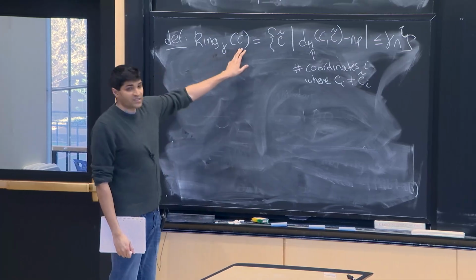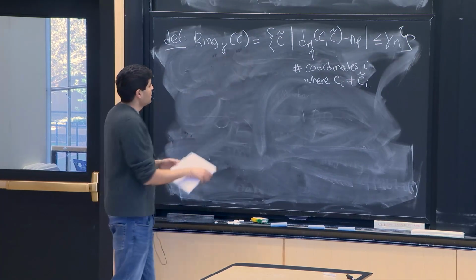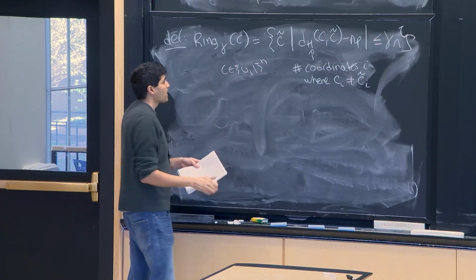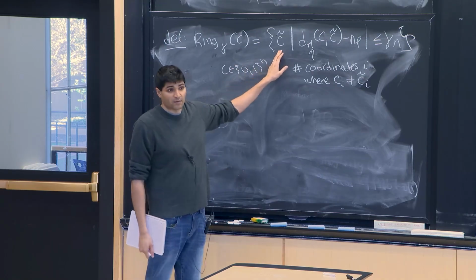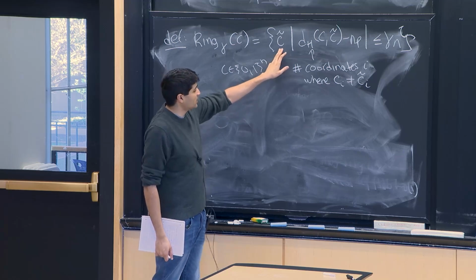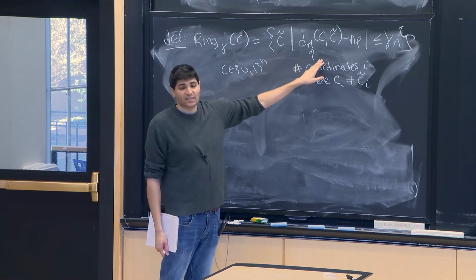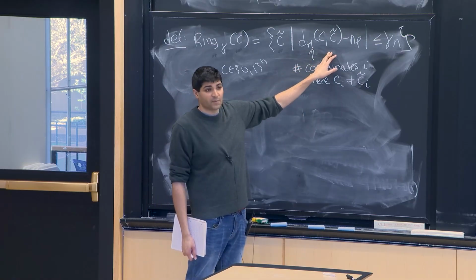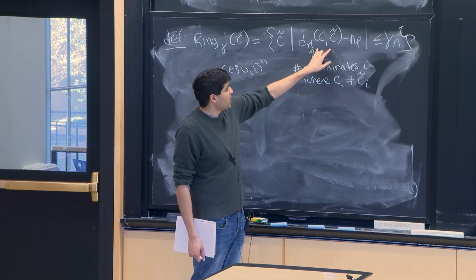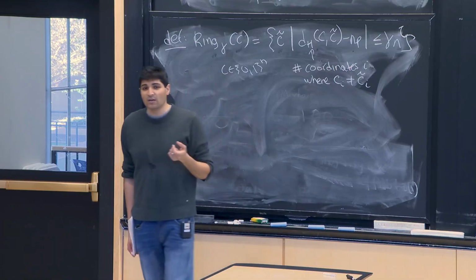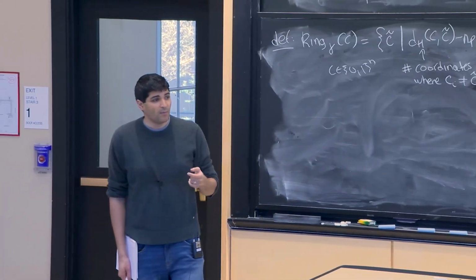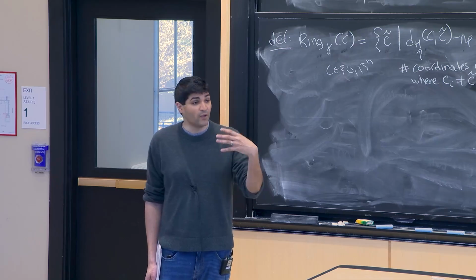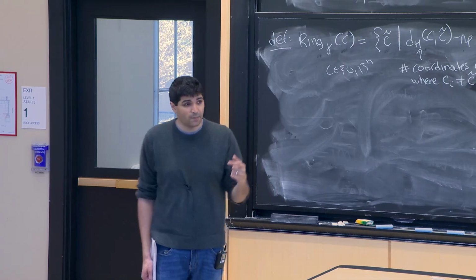So my ring is going to be centered at some vector C, and C right here, remember, is a vector in {0,1}^n. My ring is going to be a subset of {0,1}^n. It's the set of all C tildes that are the right distance from C. In particular, I look at how many coordinates between C and C tilde are different. np is the expected number of coordinates where they would be different, because I'm sending C along the binary symmetric channel, and it flips each bit independently with probability p.